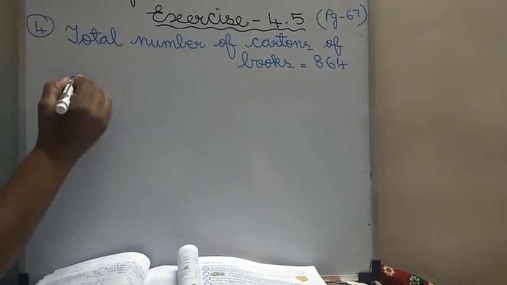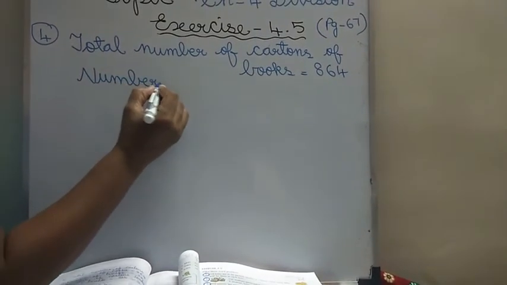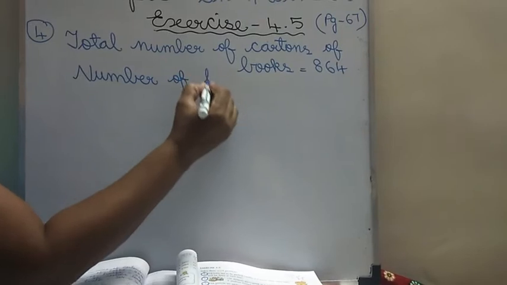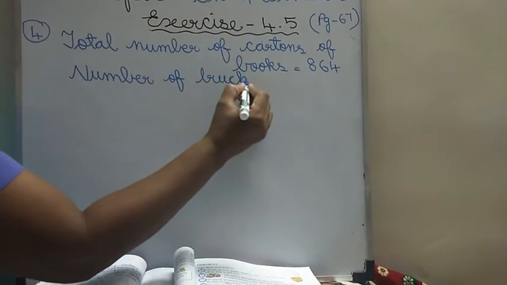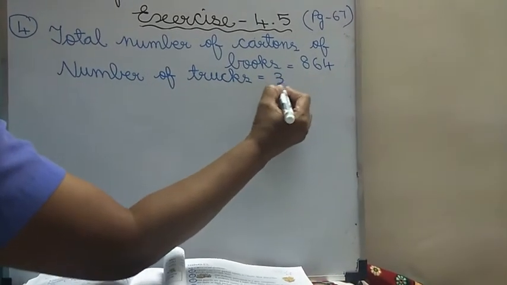And number of trucks. How many trucks were there, children? Number of trucks is equal to 36.